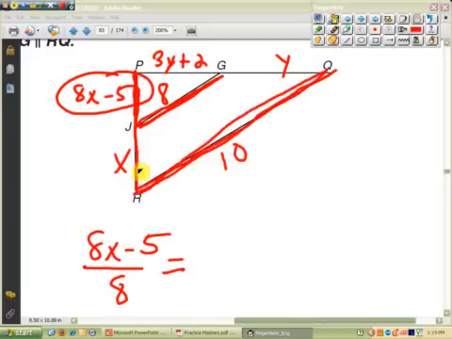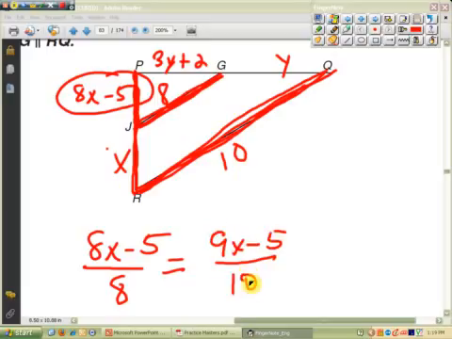So I used half the side over half. Now I'm doing the whole side over 10. Well, the whole side together is 8X minus 5 plus X, so it's going to be 9X minus 5 over 10.